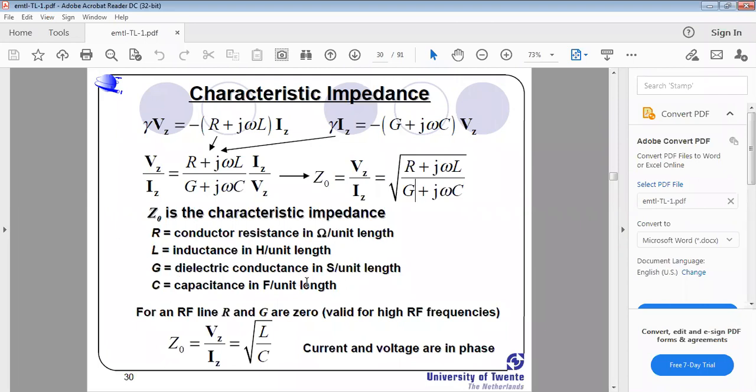G is the dielectric conductance. What are the units of resistance? Ohms. What is meant by conductance? Inverse of resistance is treated as conductance.